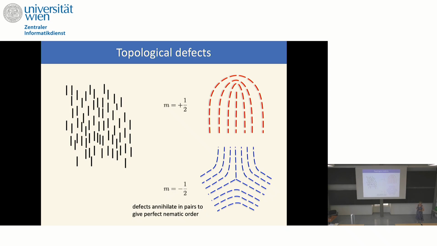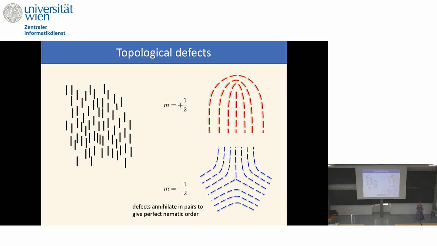Defects like that actually can't happen in a perfect infinite system on their own because they would have infinite energy. So what tends to happen is that these things form near boundaries, or they can form in pairs. And then gradually the pairs will move towards each other and annihilate to reduce the energy of the system.